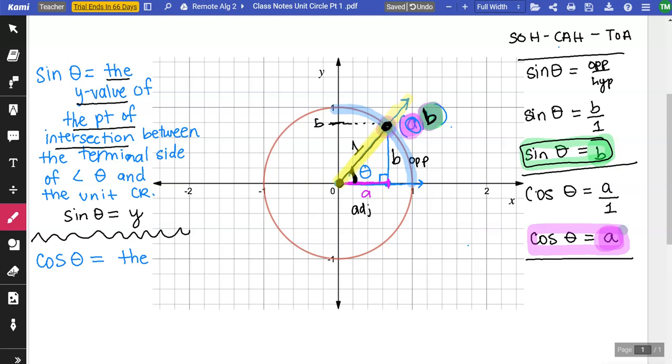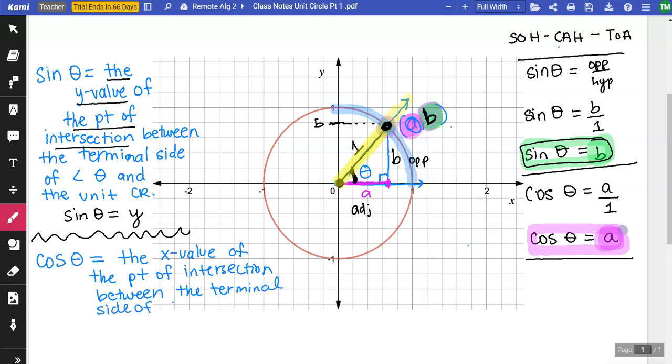So the cosine of theta is equal to the x value of the point of intersection between the terminal side of angle theta and the unit circle.